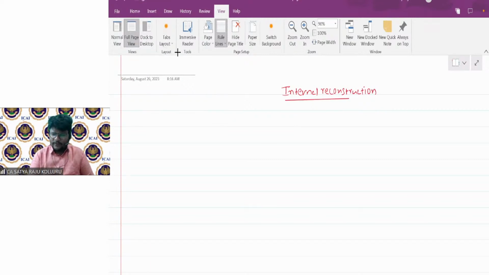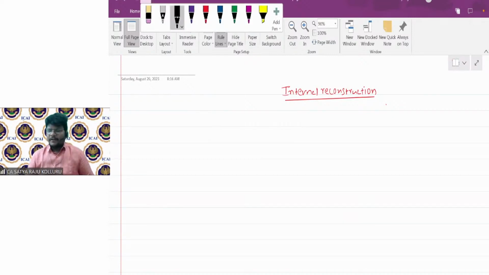Conceptually, or introductory-wise, I gave one point at the time of discussion of the concept of reconstruction, if you remember, in my first class itself. The difference between external reconstruction and internal reconstruction is that in external reconstruction, the existing company is going to liquidate and it will be taken over by another new company.